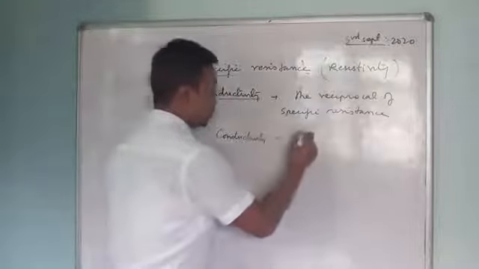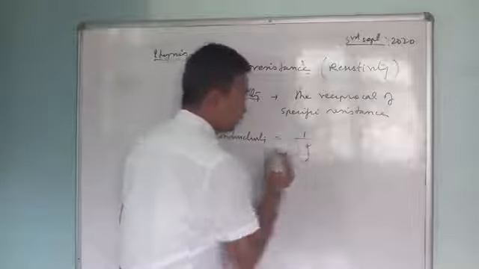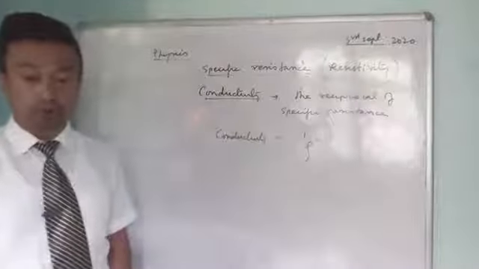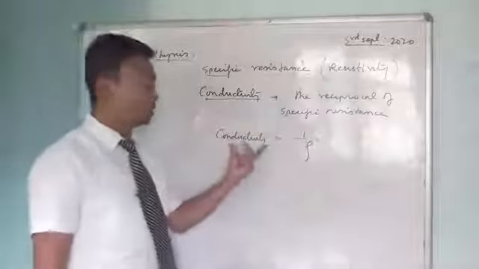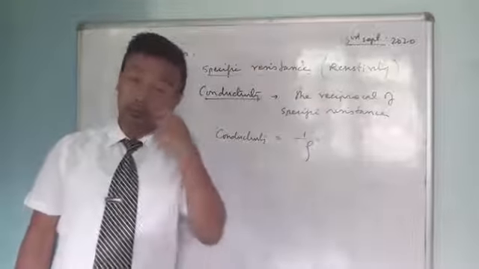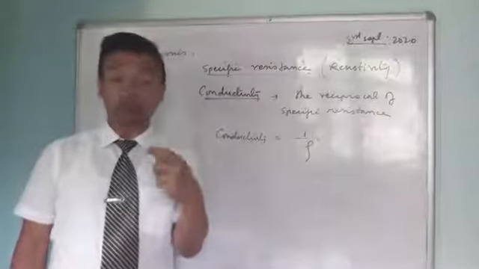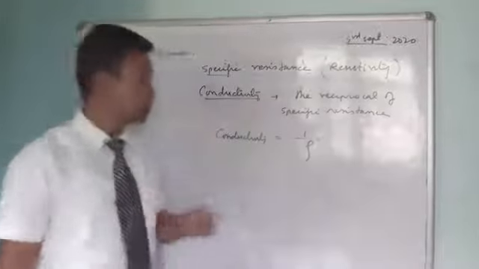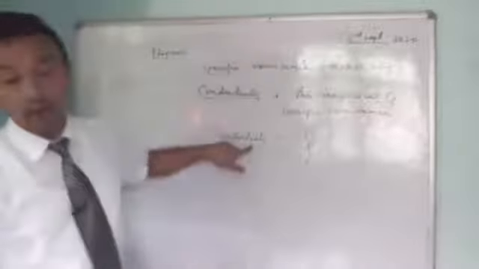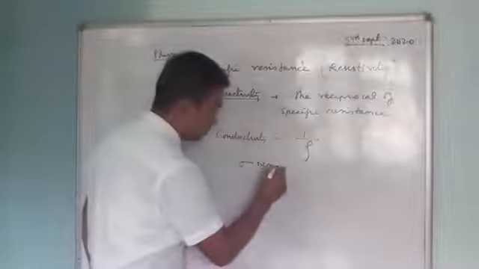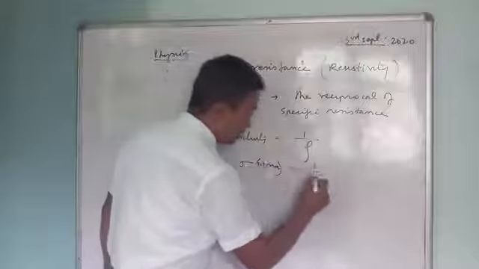Conductivity is 1 by specific resistance, which is given by the symbol rho. Alright? Now conductivity has a symbol, unlike the conductance, where we did not have a particular symbol. This conductivity has a symbol, which is sigma, 1 upon rho.